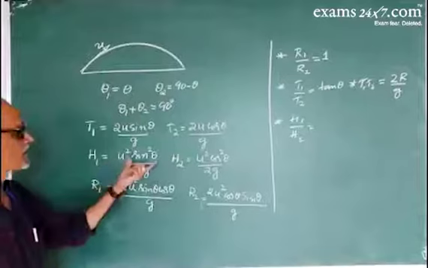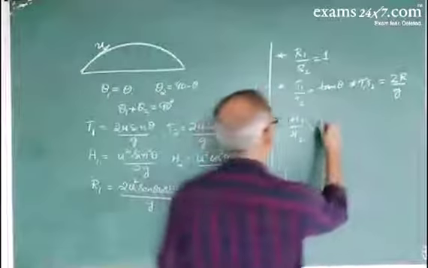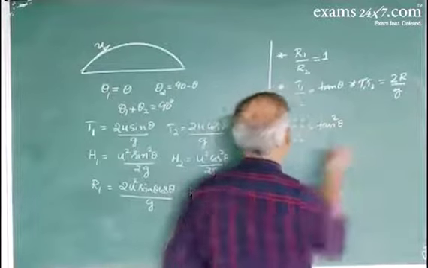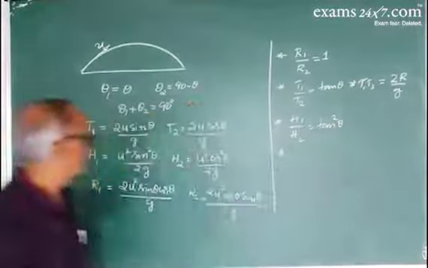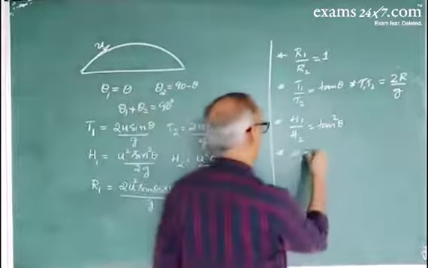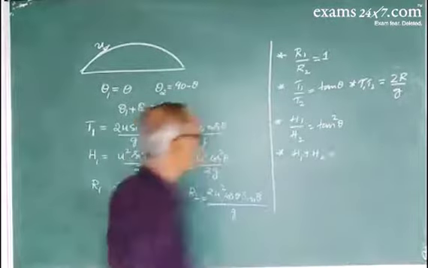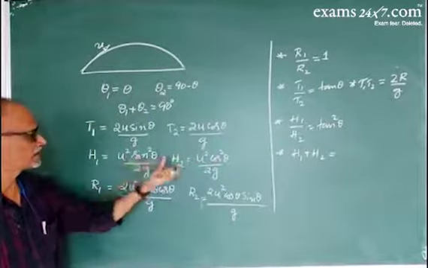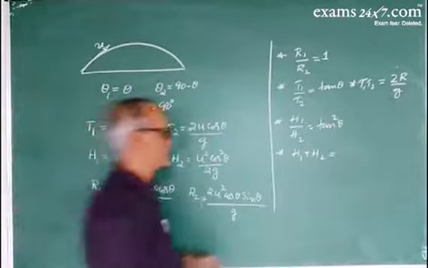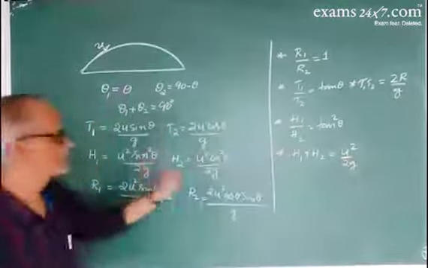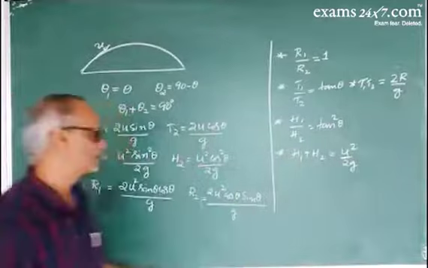will give you sine square by cos square theta, which is tan square theta. And when we add the heights h1 plus h2, sine square theta u square by 2g is common, and sine square theta plus cos square theta gives the value 1.